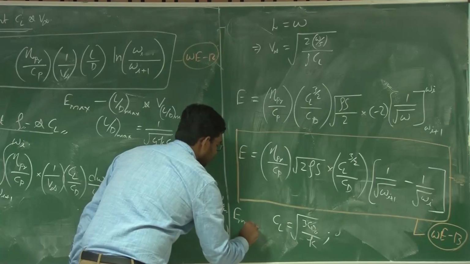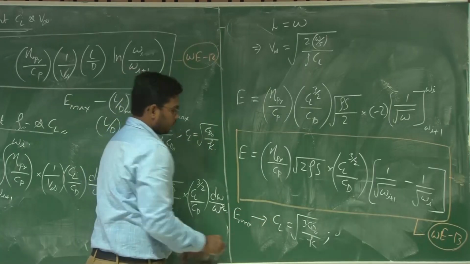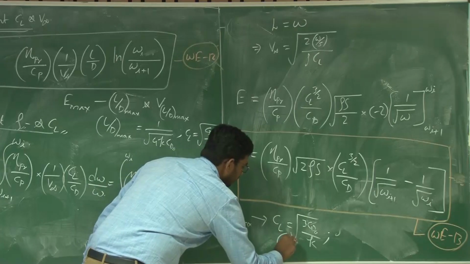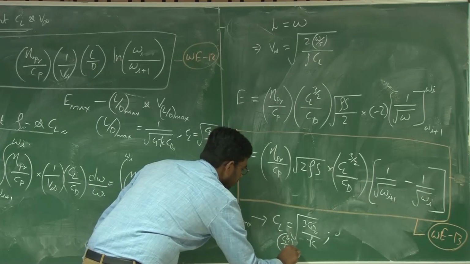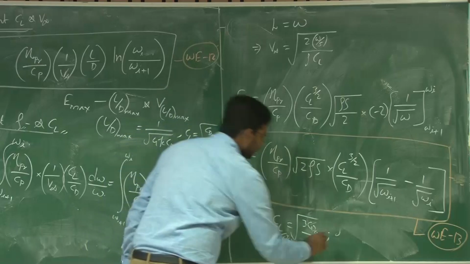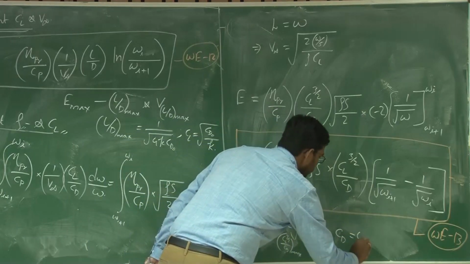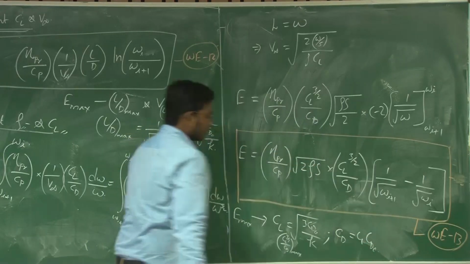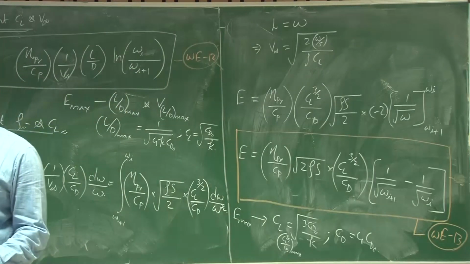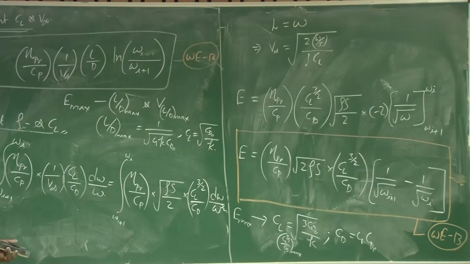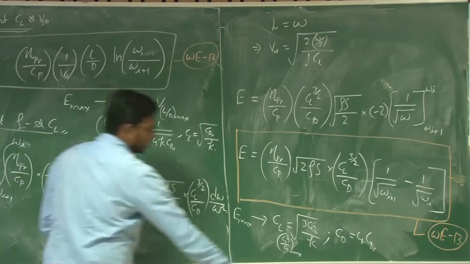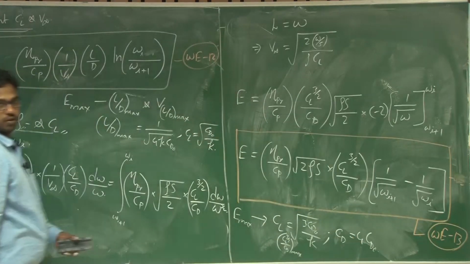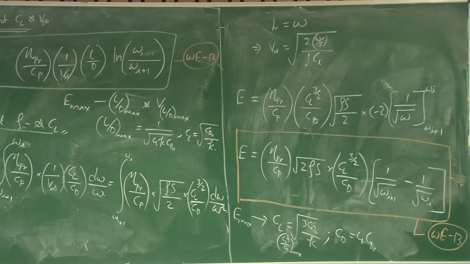In this case, it corresponds to Cl power 3 by 2 by CD max, and CD is equals to 4 CD naught. So the induced drag is 3 times the profile drag in this case. Induced drag coefficient is thrice the profile drag coefficient, right?